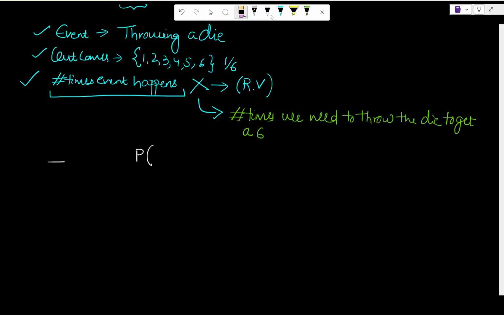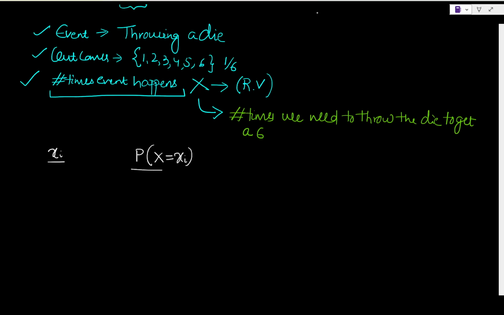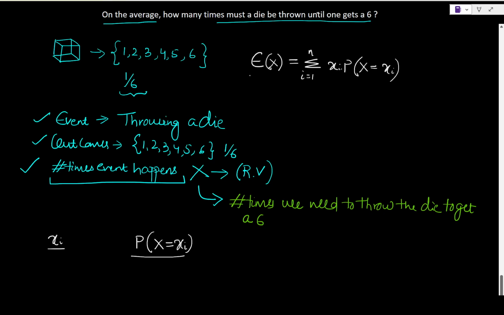Let's write this xi. Xi is the number of times that we need to throw the die to get a 6, the distinct values that are possible. And here, what is the probability that the random variable will take that particular value? In the end, we need to compute this table, right? And then apply this particular formula.